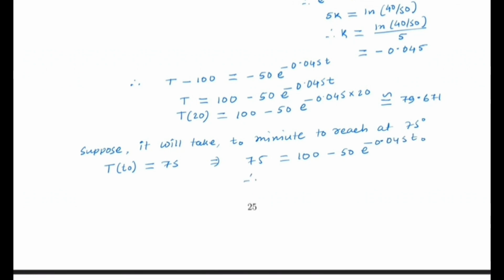So it will be minus 25 is equal to minus 50 e power minus 0.045 T0. And if we calculate this, T0 will become ln half by minus 0.045. So this will become 15.4. So after 15.4 minutes, this will reach to 75 degree temperature. So that's how we solve this kind of problems.